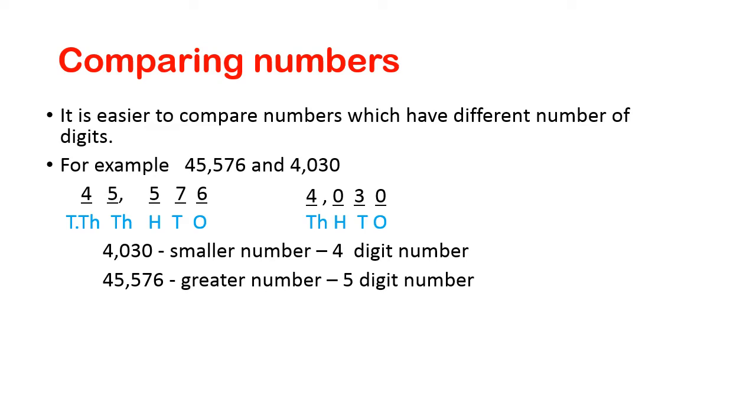So now we are going to put the symbol. 45,576 greater than 4,030. I have already told you, whenever we write the greater than symbol, the greater number should come first. So 45,576 greater than 4,030.